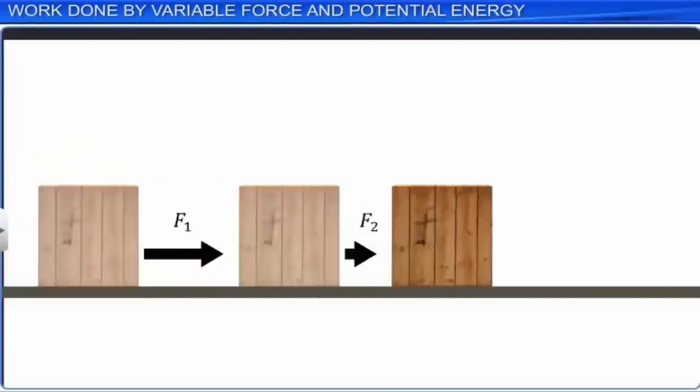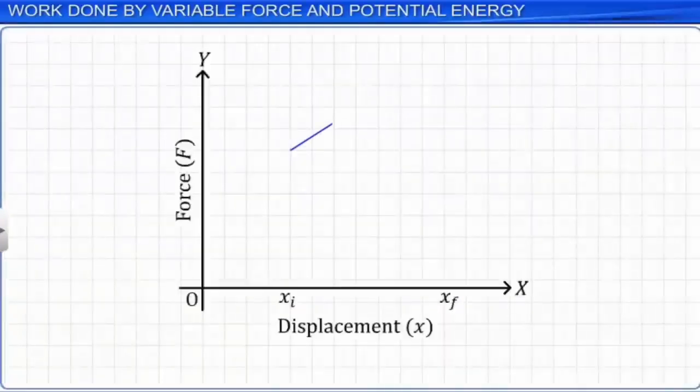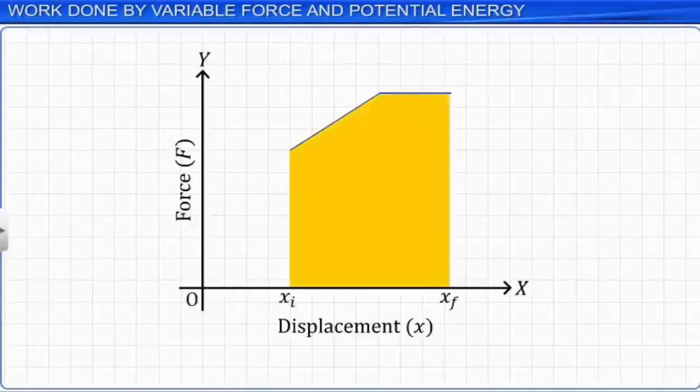Let us suppose that a body moves along the direction of a variable force acting on it. We then plot a graph of force F versus displacement x, which helps calculate the varying force with the displacement. The work done by the variable force can be found by calculating the area under the graph.